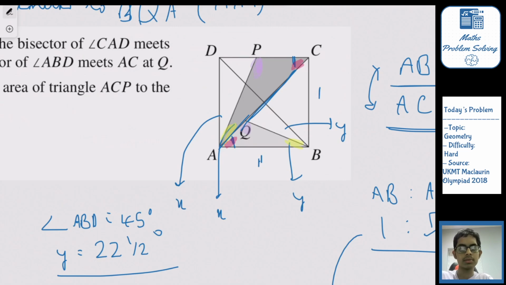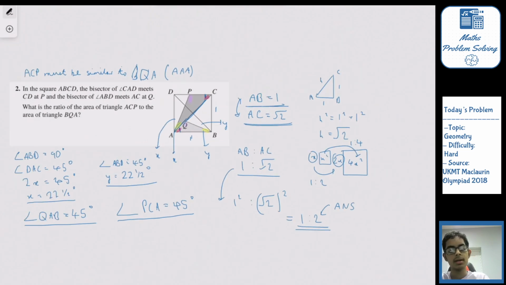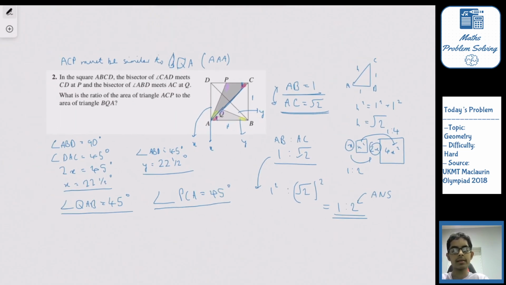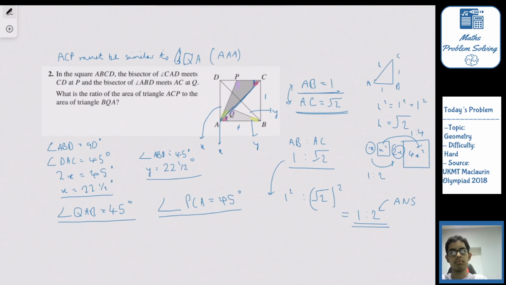After we derived a few angles which were common, we were able to derive a scale factor. Also, another thing you should remember is that if the side scale factor is 1 to x, then the respective area scale factor would be 1 to x squared, which is what we used for our final answer.